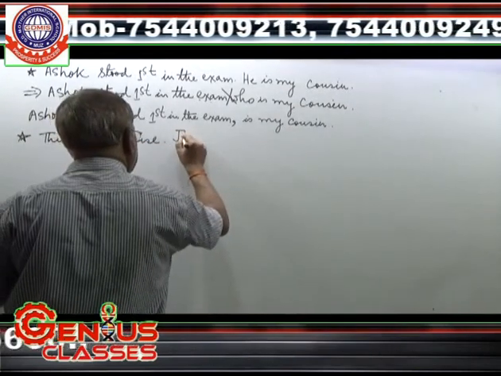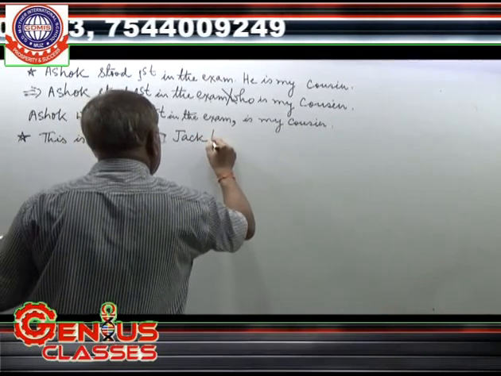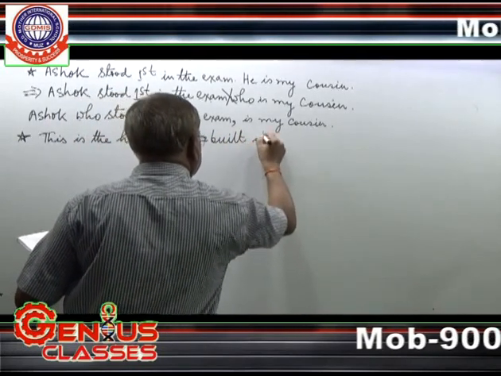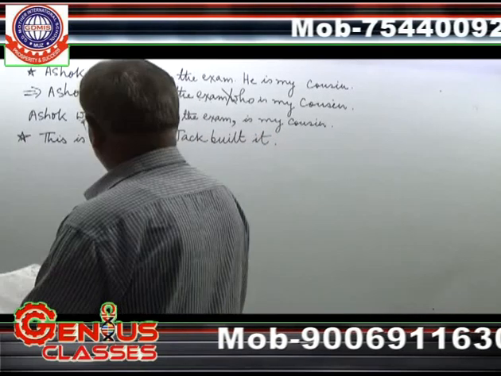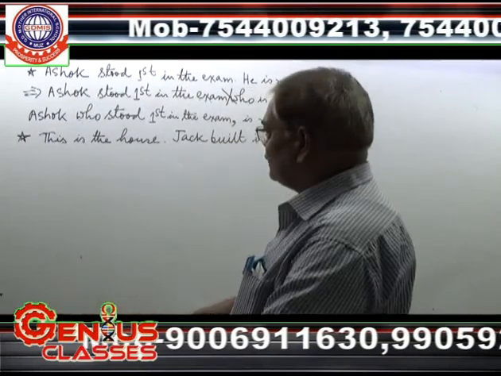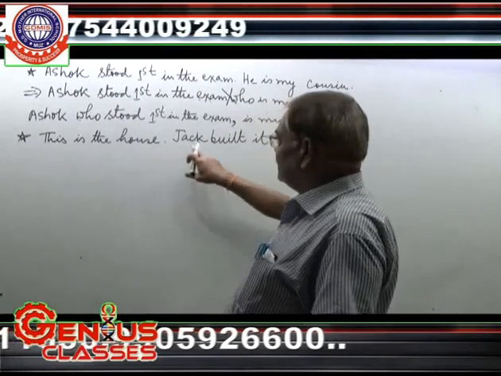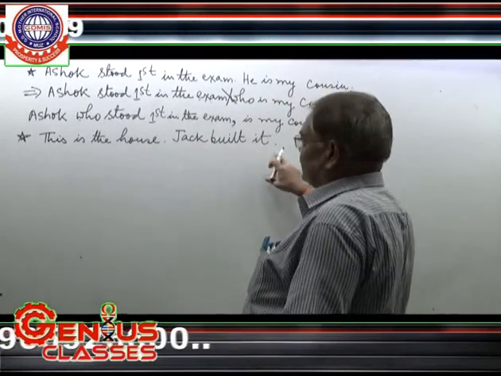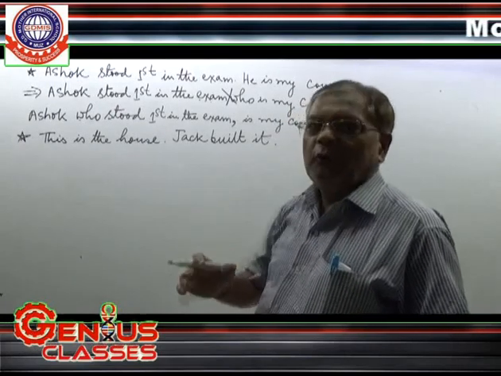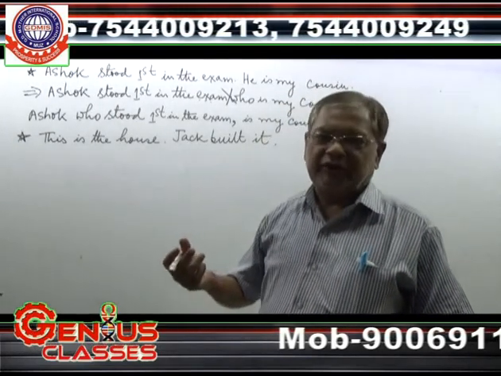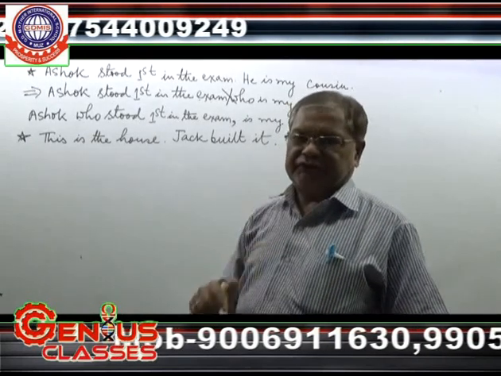Jack built it. These are two sentences that are given. First sentence, this is the house. Second sentence, Jack built it. So, what do you think, which relative pronoun can be added to make one sentence?